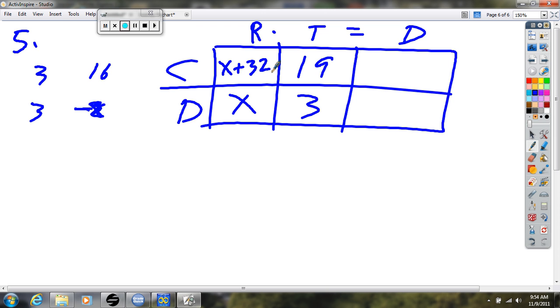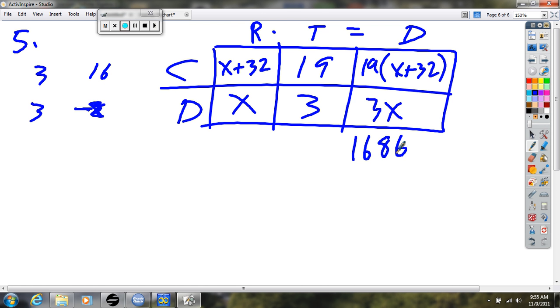Okay, now let's finish the problem. What goes in these boxes? First one is 19 times x plus 32. And the bottom box is 3x. And am I missing anything? Is there anything else in the problem? How far apart are they? 1686.